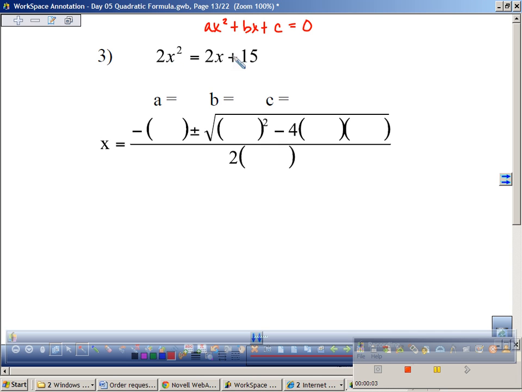So for number 3, what should I do so that I can get it into standard form? What do you want to move? You could move the 2x and the 15 over here, or you could move this over here. That's easier. The only thing you need to remember about that is right now, is this graph smiling or frowning? Smiling. It's smiling. But if I were to move this, it would look like it's frowning.